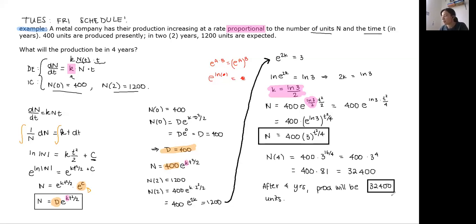So I'll put another example on the board. You also have to solve this in the same exact way. So you have to find the differential equation, then the initial condition, and then try to solve for the things that you don't know in order to evaluate the final result. Here we go.